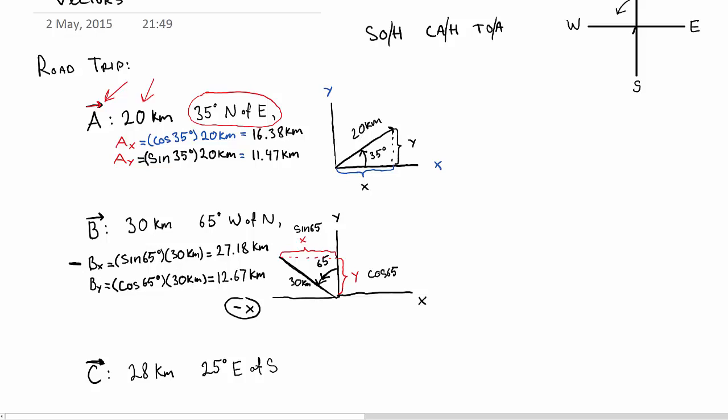Alrighty. Does that make sense? With 65 degrees, x should be way bigger than y. So that makes sense. Good.